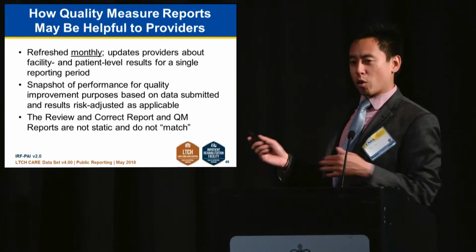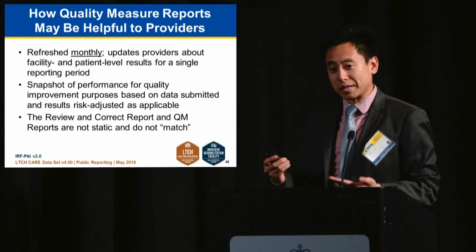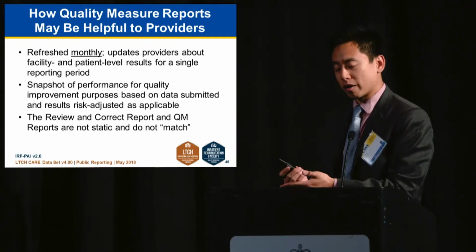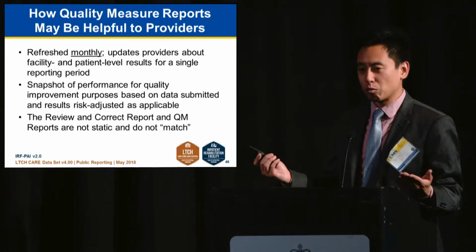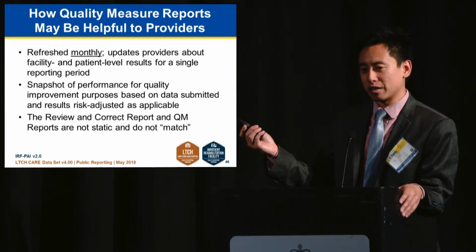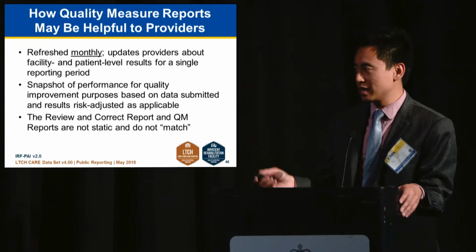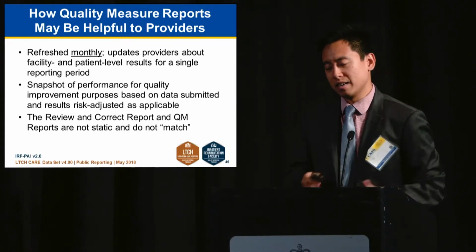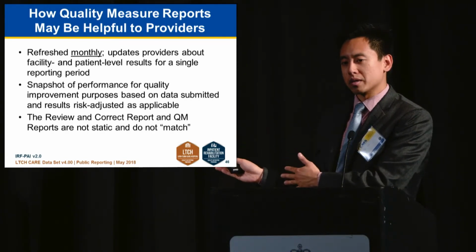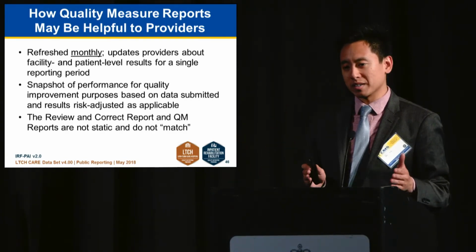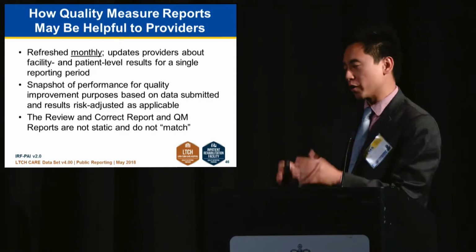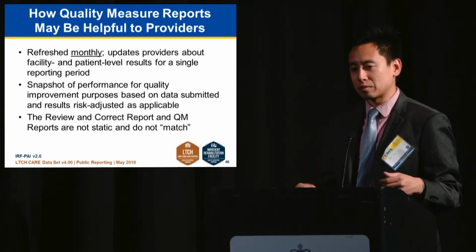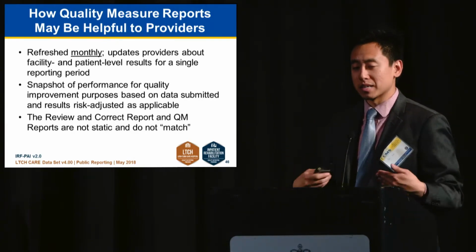However, the QM reports are more of a data dump, pretty much whatever's in the system, whatever assessments you submitted and whatever assessments you corrected, it would reflect in your facility rates in the QM reports. But the review and correct reports are technically the reports that are eventually publicly reported. So once the data is frozen for public reporting, it stays frozen. But for your QM reports, whatever data you submitted is reflected.